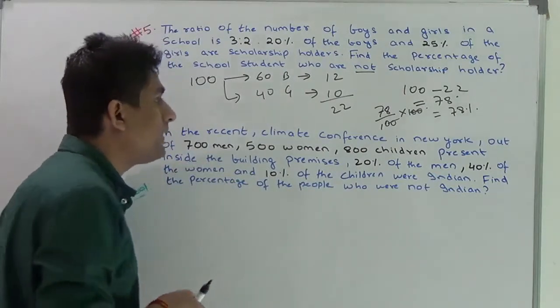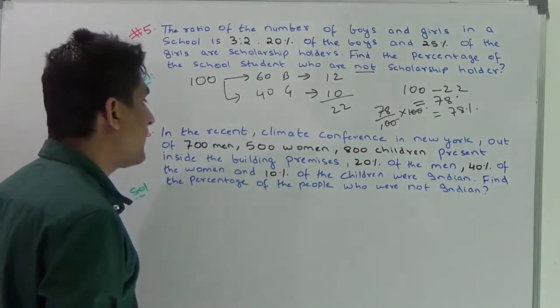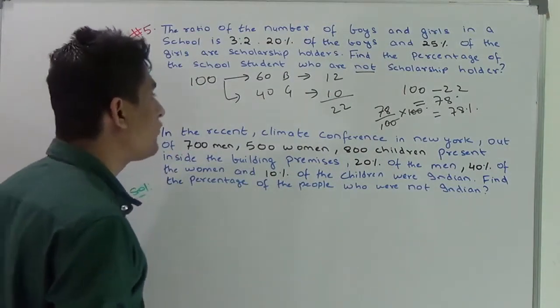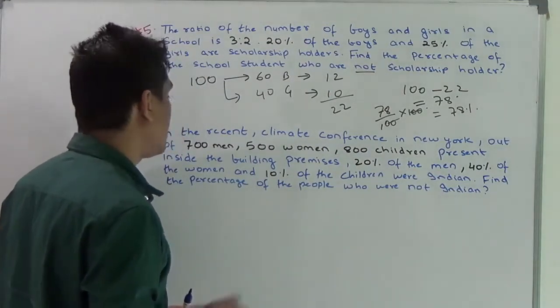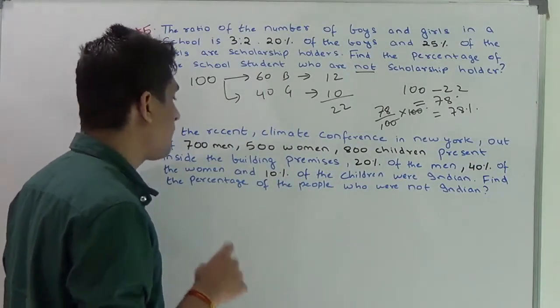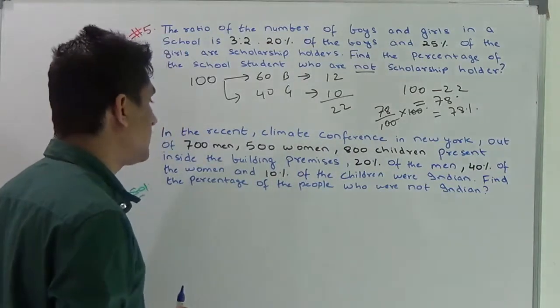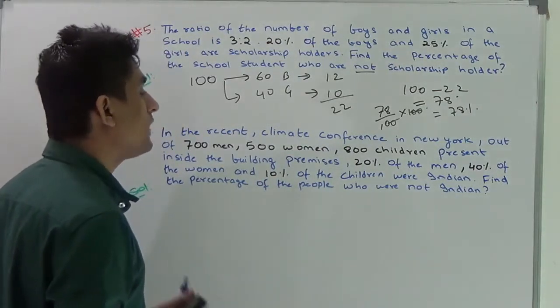In the recent climate conference in New York, out of 700 men, 500 women, 800 children present inside the building premises, 20% of the men, 40% of the women, and 10% of the children were Indian. Find the percentage of the people who were not Indian.